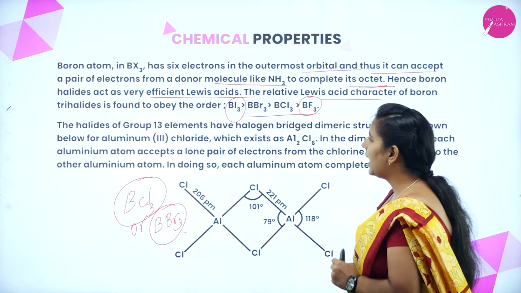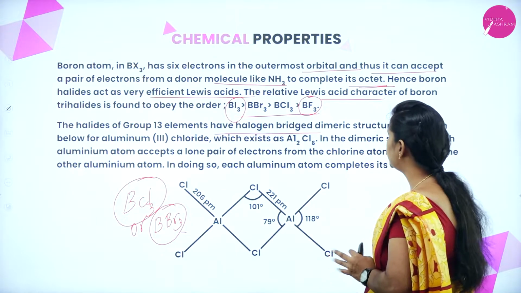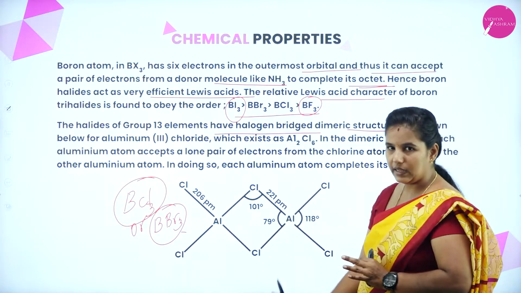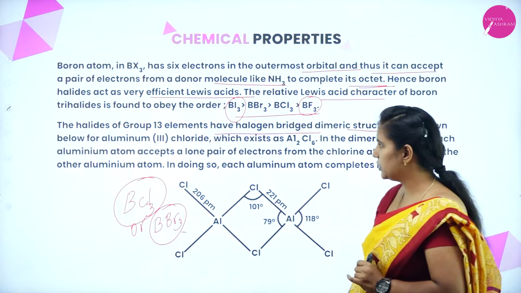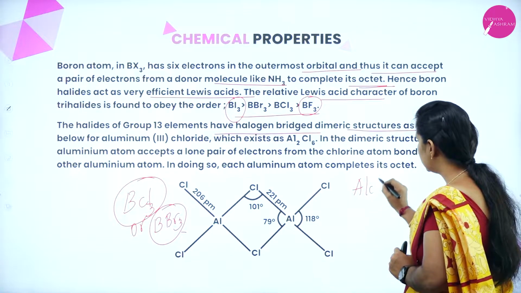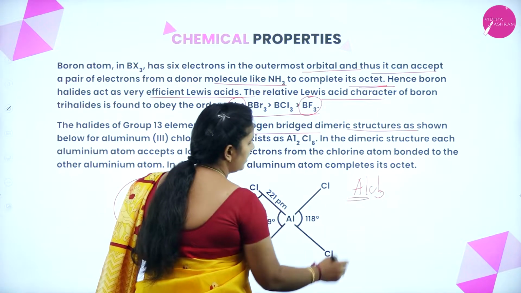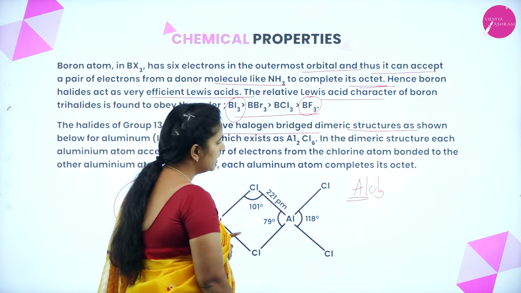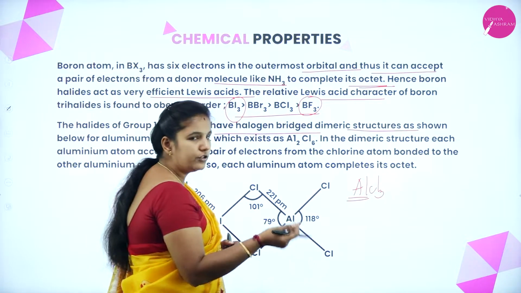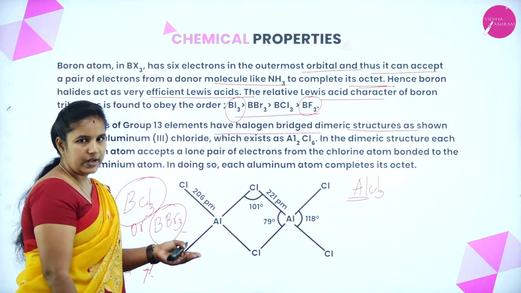The halides of the group 13 elements have a halogen-bridged dimeric structure, as I have represented here by taking the aluminium dimeric structure, that is aluminium trichloride. You can see this is the AlCl3 structure. Aluminium is a group 13 element, so in order to get the stable octet configuration, it needs to accept one pair of electrons from the donor atoms.